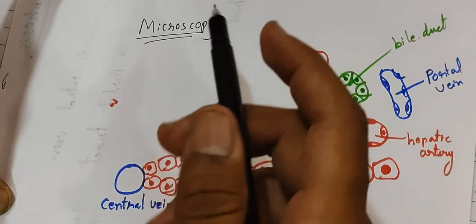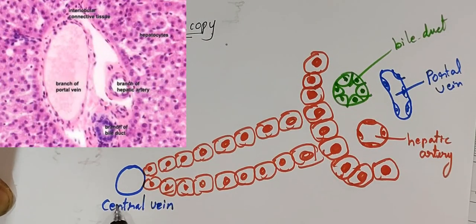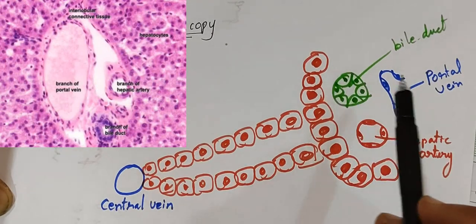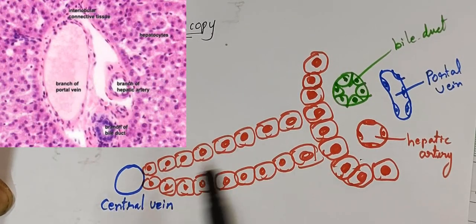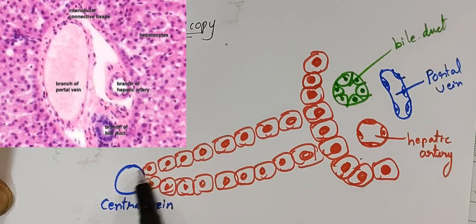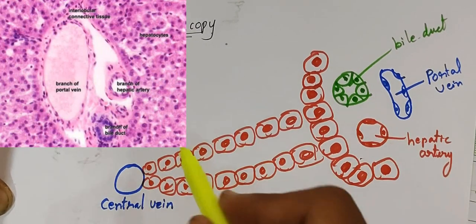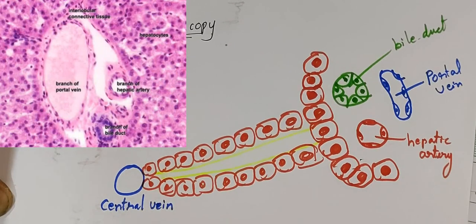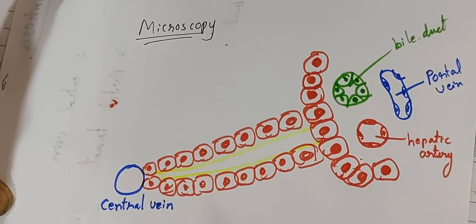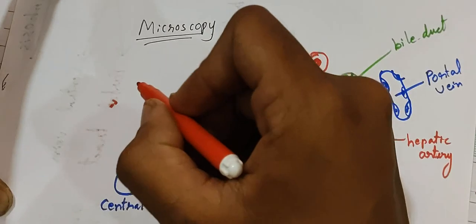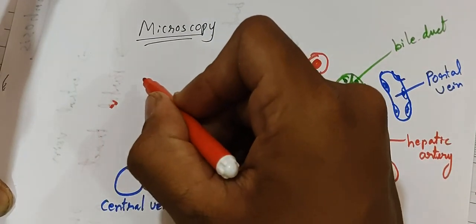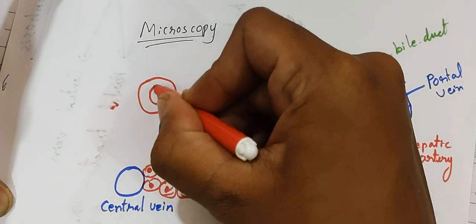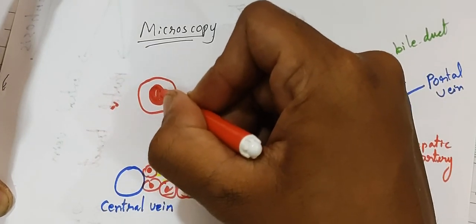At the microscopy, you'll be seeing a central vein and a portal tract which consists of bile duct, portal vein and hepatic artery. And these are hepatocytes. Next, between these hepatocytes there are sinusoids. If you look at each hepatocyte cell, these are polygonal cells with a central nucleus.